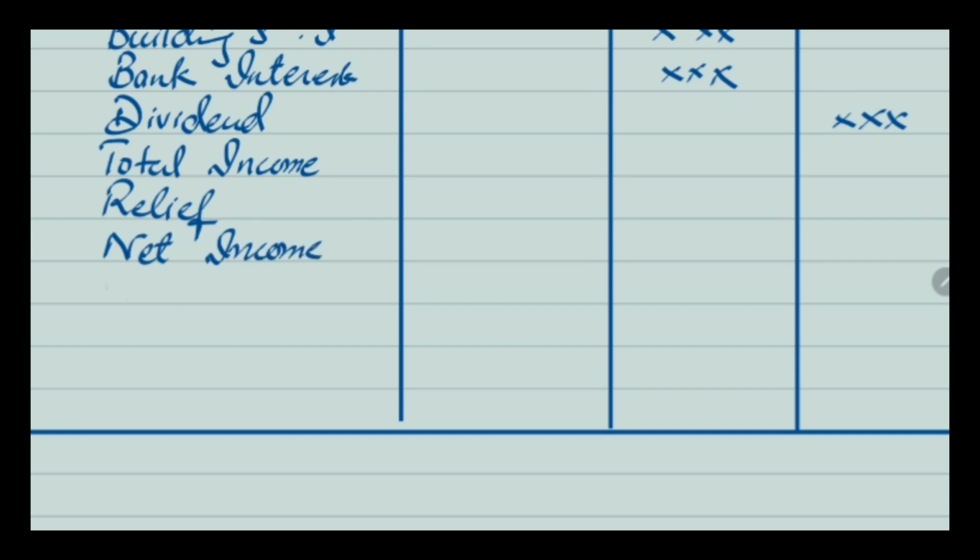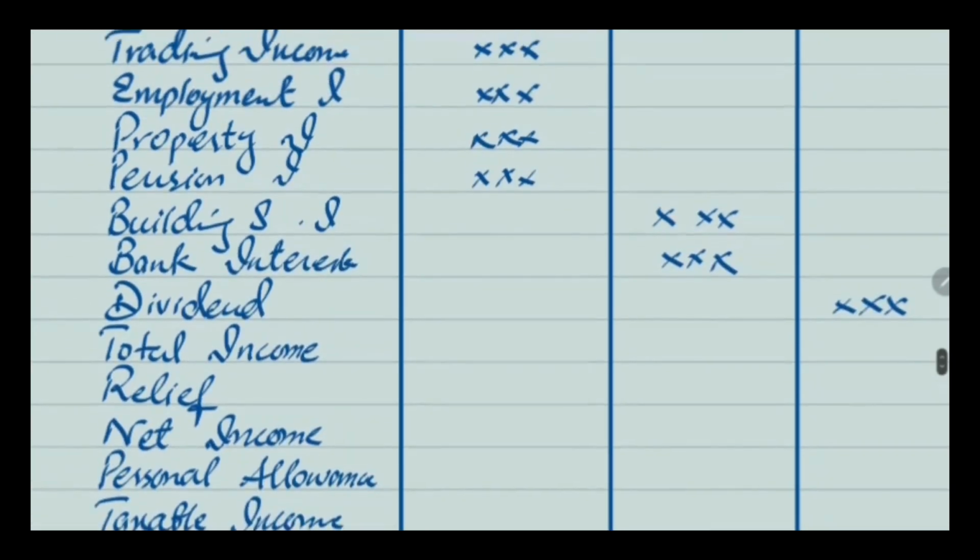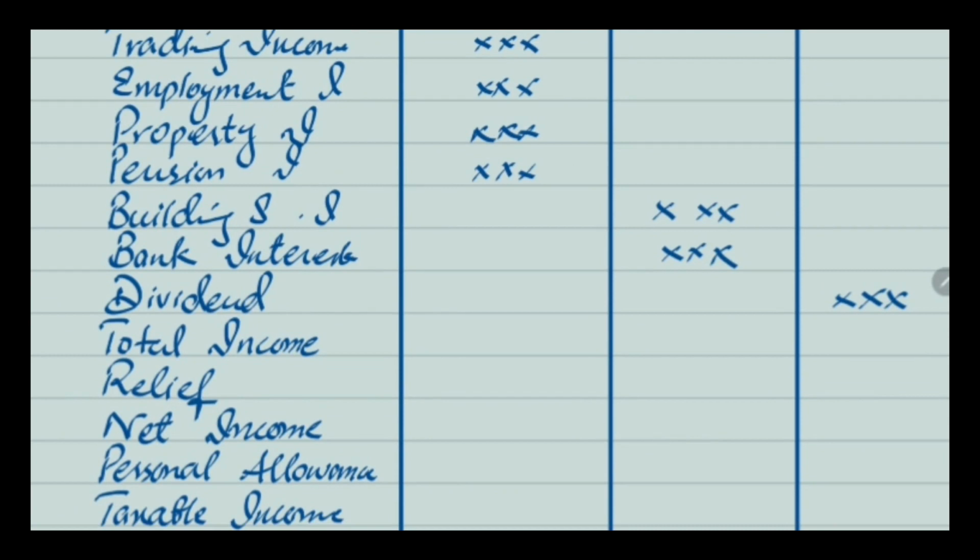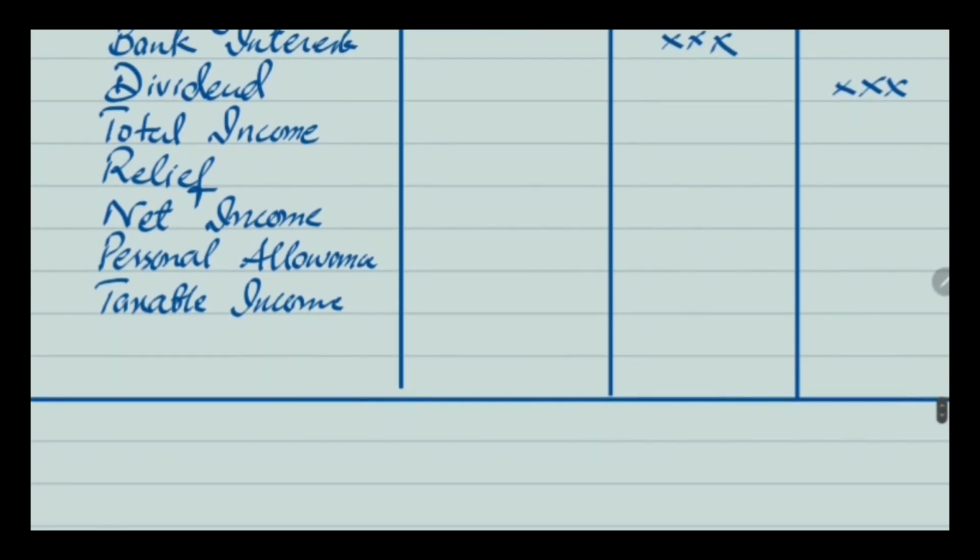Then we deduct the personal allowance, which is available to individuals in the UK, which reduces their taxable income, and hence we get the taxable income. So first we aggregate income from all sources, then apply relief, and then apply personal allowance in order to calculate the taxable income.